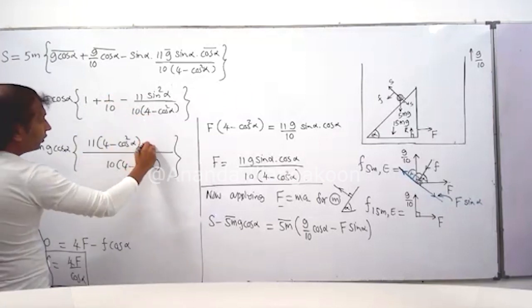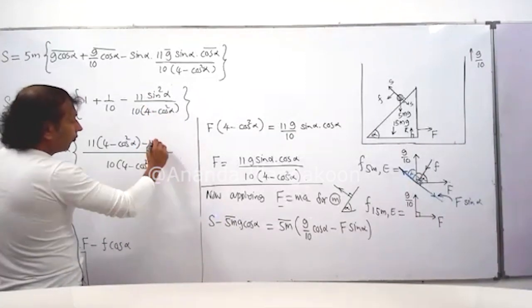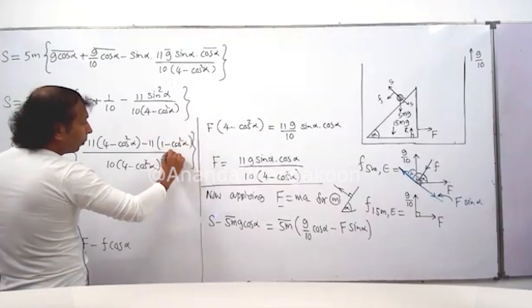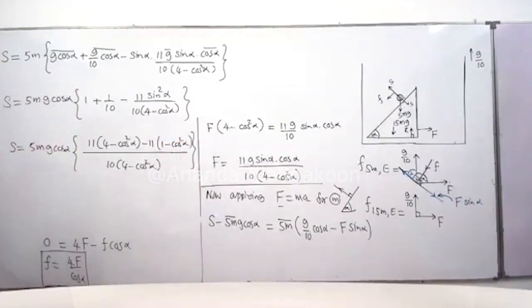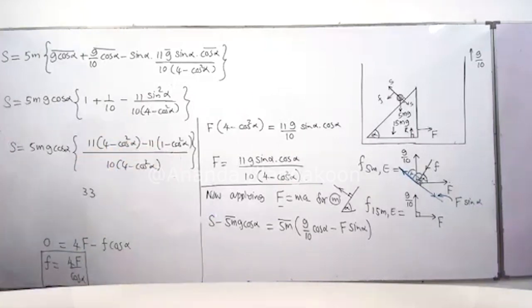And this one changes: 11 sin squared alpha you can write as 1 minus cos squared alpha. See what you get: 11 into 4, 44, minus 11, it's 33, minus 11 cos squared alpha plus 11 cos squared alpha. That will cancel.